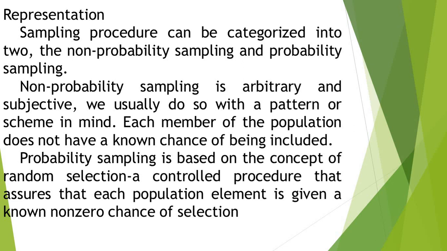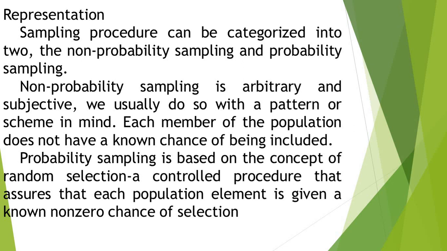So what is non-probability sampling? It is arbitrary and subjective. We used to do so with a pattern or scheme in mind. Each member of the population does not have a known chance of being included. So in non-probability sampling, you are not opening the opportunity to everybody.